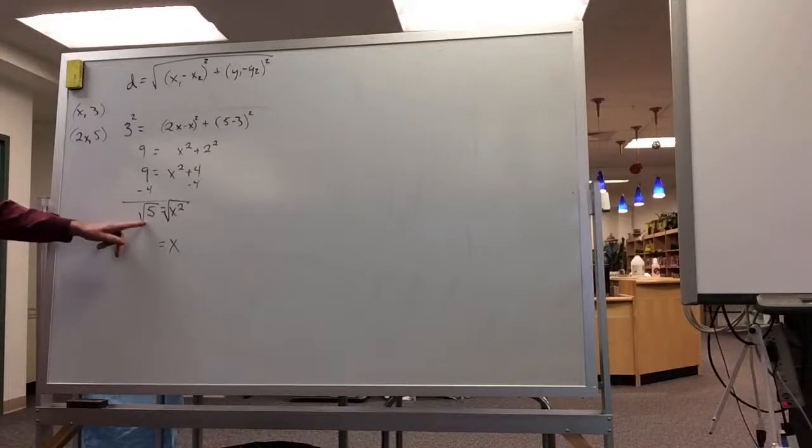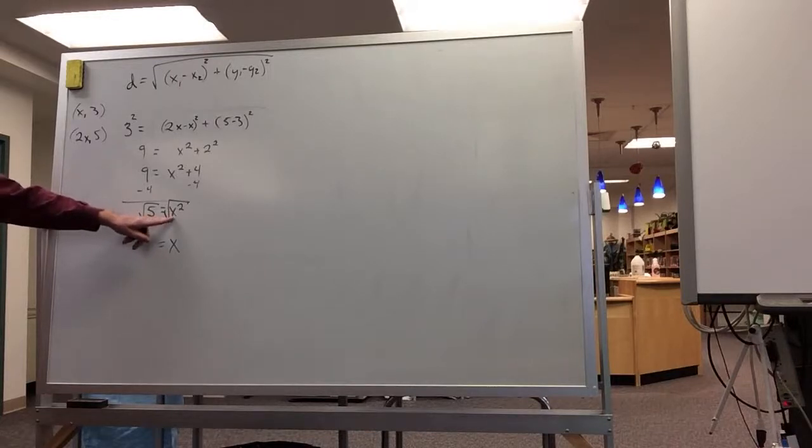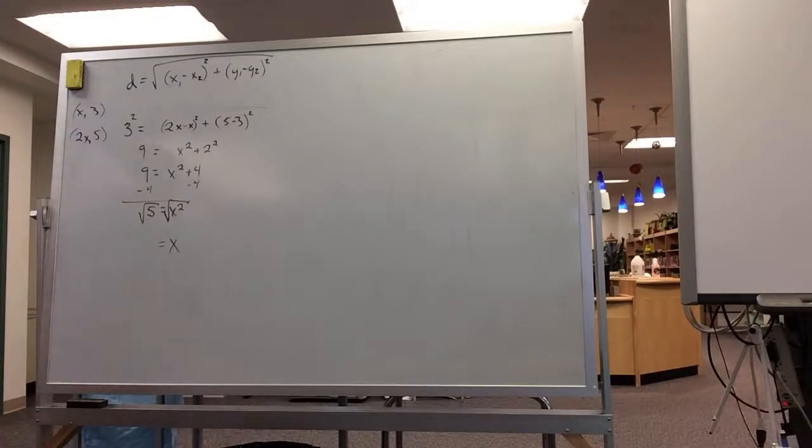What we get for an answer could be put in for x and get squared. What happens when you square a positive number? It's positive. What happens when you square a negative number? It's still positive.